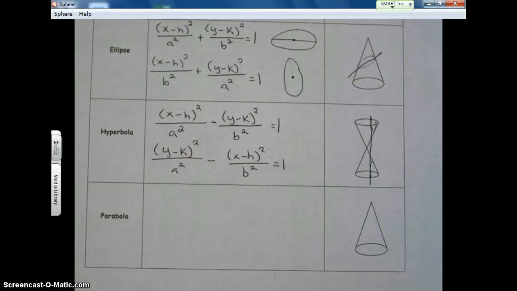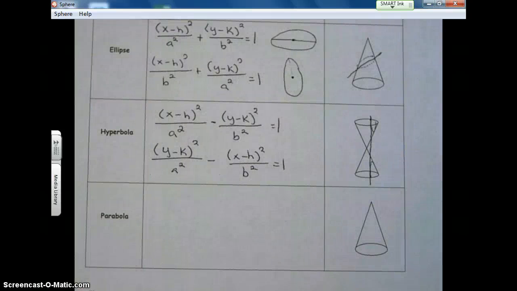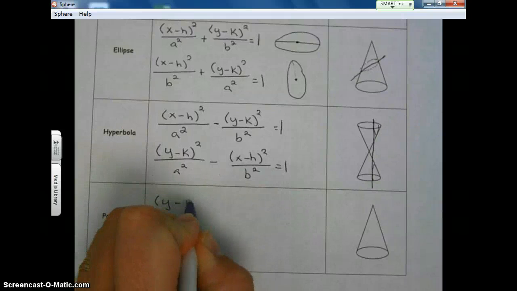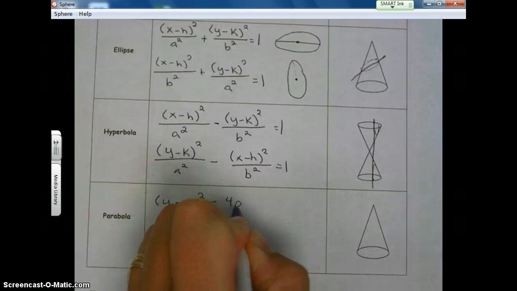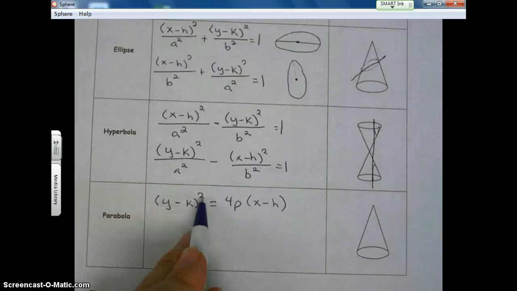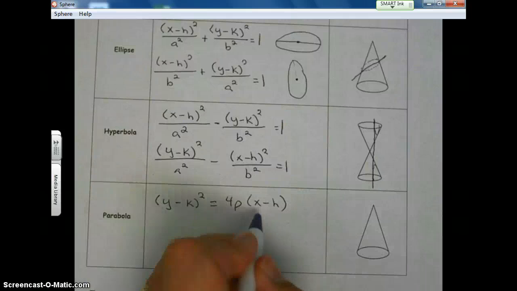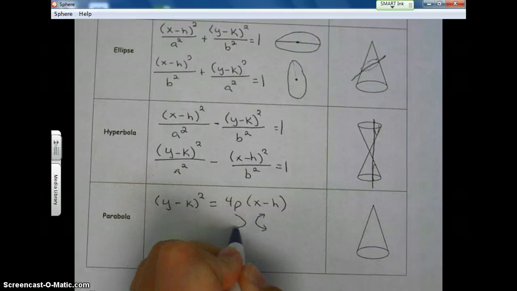And then finally, we have our parabola. For the parabola, our equation is going to look like this. Now notice this is a y squared. So this is going to be a parabola opening to the right and to the left.